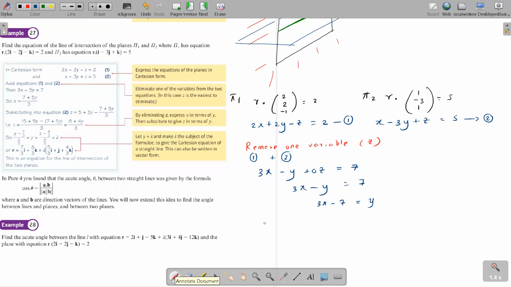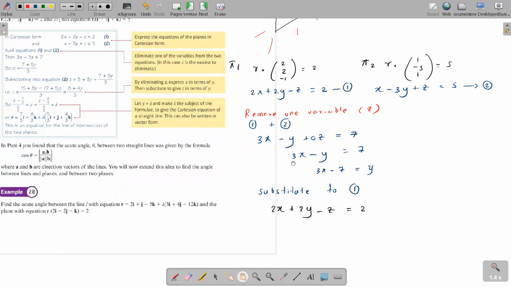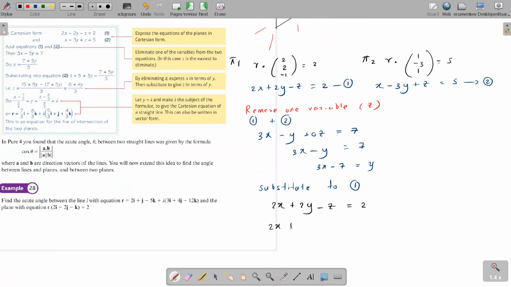What do you get? Let's substitute into 1. So I'm going to go in a different way than the book. Substitute into 1. What do you get? 2x plus 2y minus z equal to 2. So replace y here. 2x plus 2 times y, which is 3x minus 7, right? Minus z equals 2.